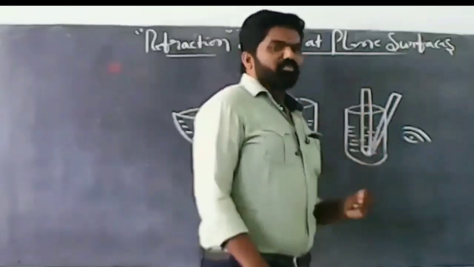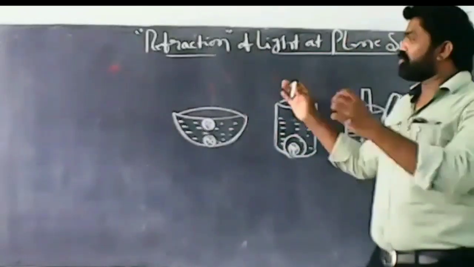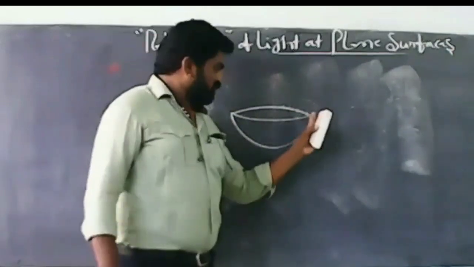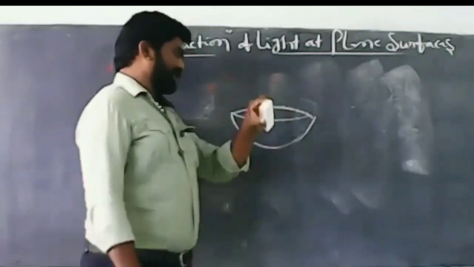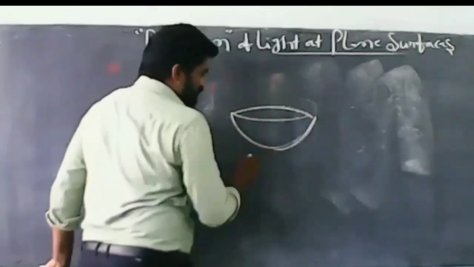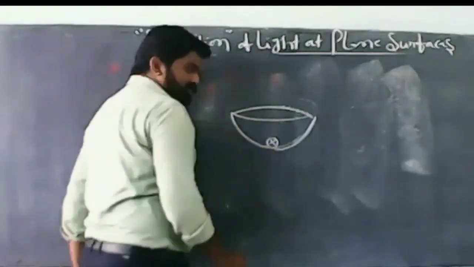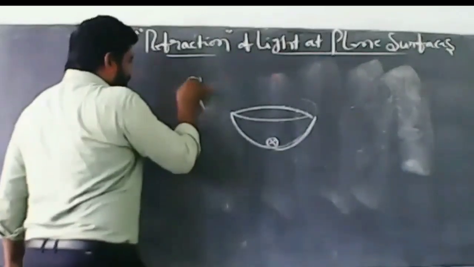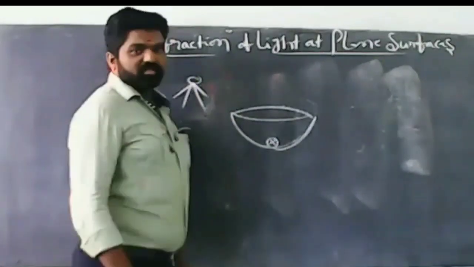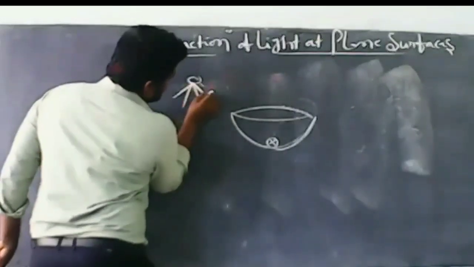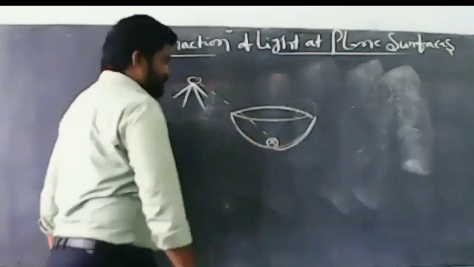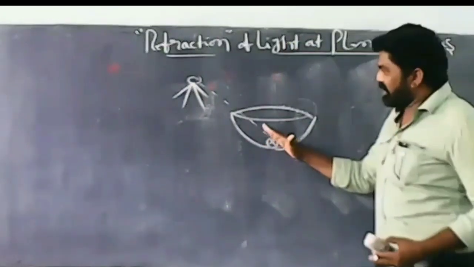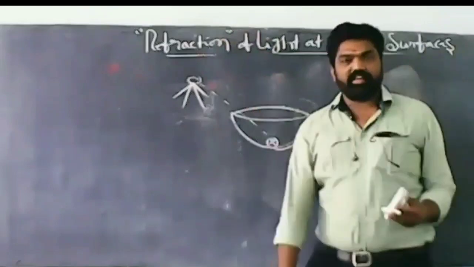So from all these examples, what can we conclude? Take an opaque vessel, not a transparent vessel, an opaque one. Now drop a coin here. Then we can observe the coin from this side. This coin appears because the light ray coming from the coin directly falls on our retina.